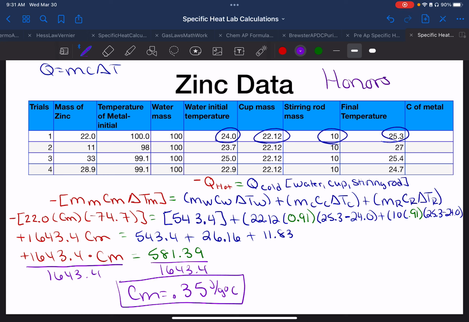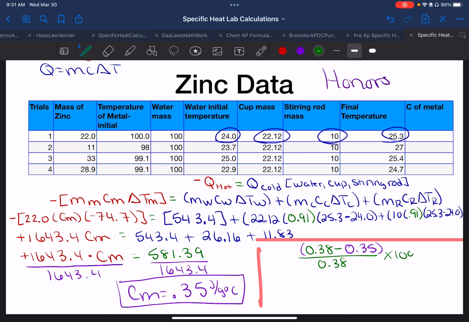And so just as we saw with the other group, we're going to do percent error as well. And so my accepted value, as we saw earlier, is 0.38. So we have 0.38 minus 0.35 divided by 0.38 times 100.